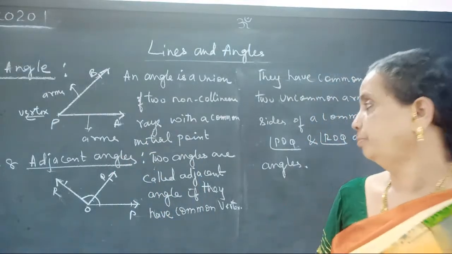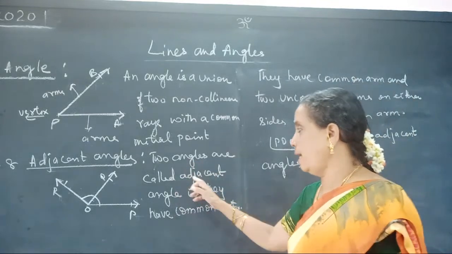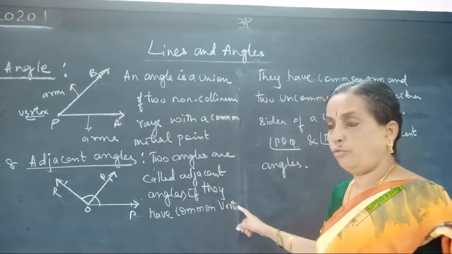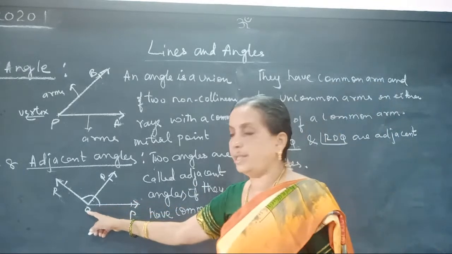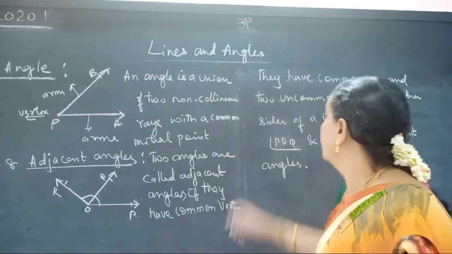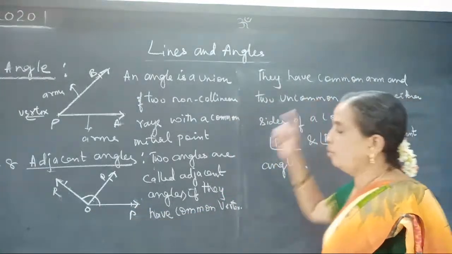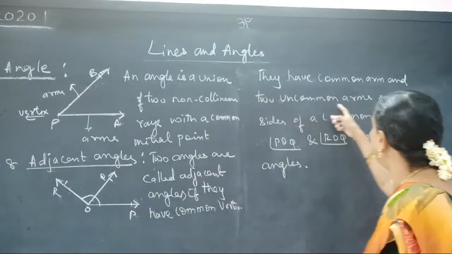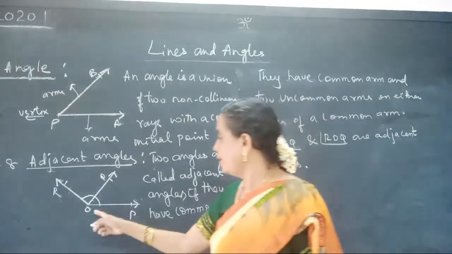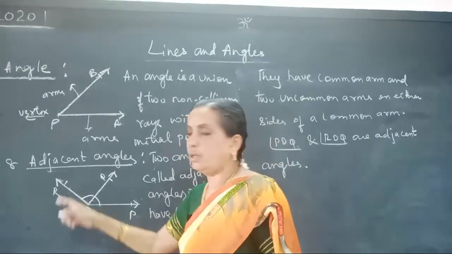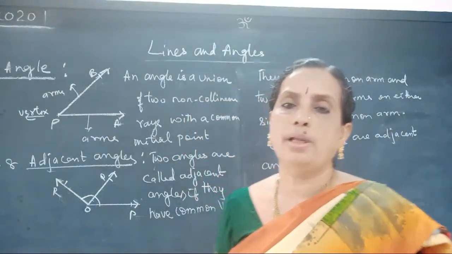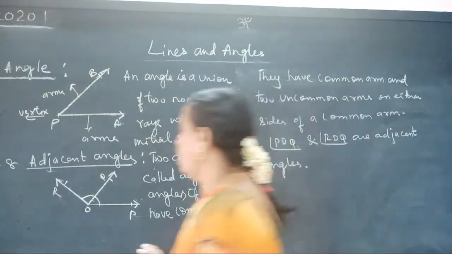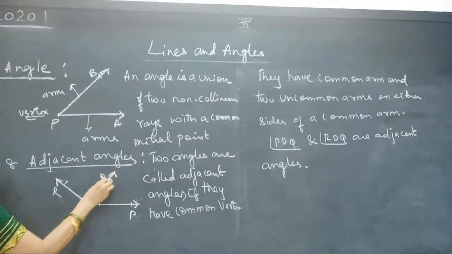Two angles are called adjacent angles if they have a common vertex. Here the common vertex is O. They have a common arm, OQ. And also two uncommon arms, OP and OR, on either side of the common arm.